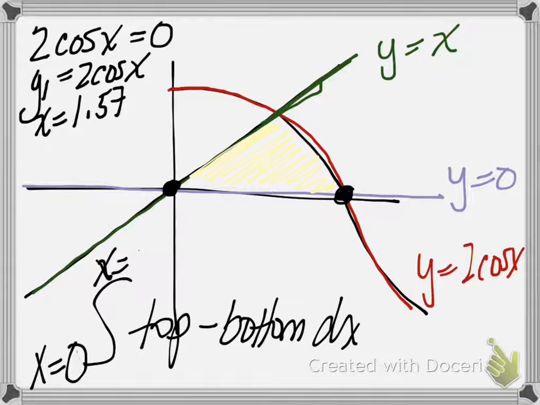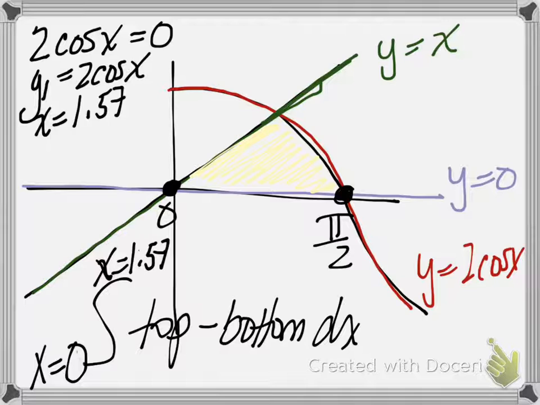So it's really at pi over 2 that this is happening. So it's 0 and pi over 2. Okay? So I am going to put in 1.57, and the reason why I'm doing that rather than pi over 2, even though I could do pi over 2, is because all these answers are in decimal form, so it should be fine.